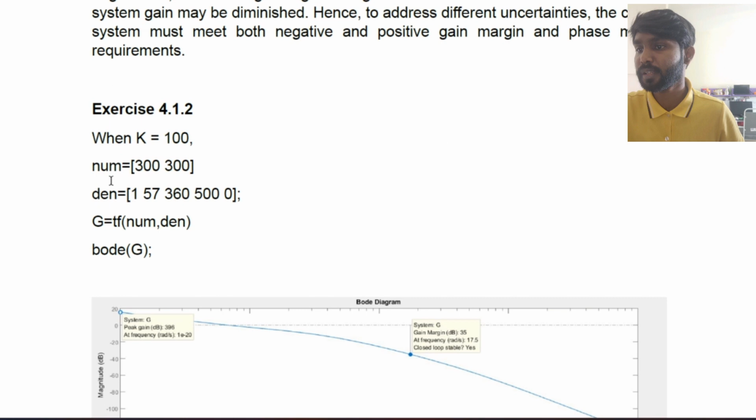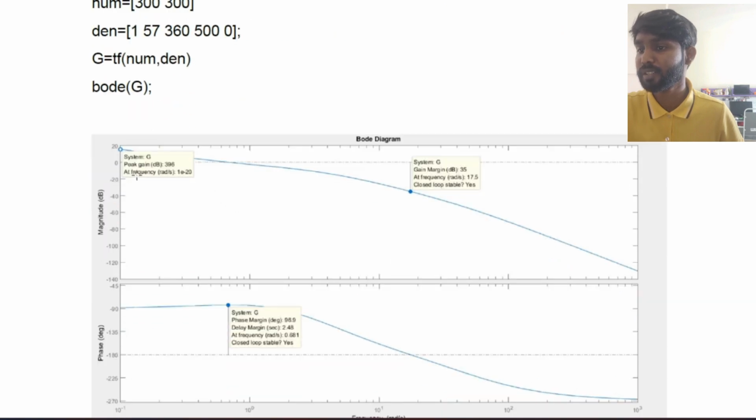When K equals 100, the numerator is 300 and 300. The denominator is 1, 57, 360, 500, 0. This is the coding. The peak gain is 396 dB, and the gain margin is 35 dB at the frequency of 17.5. Is the closed loop stable? Yes. The phase margin is 96.9 degrees.